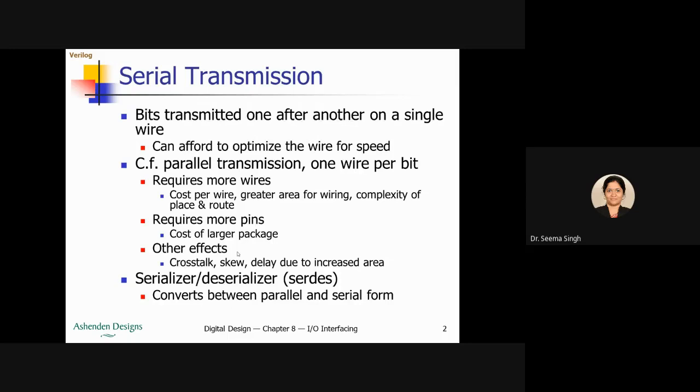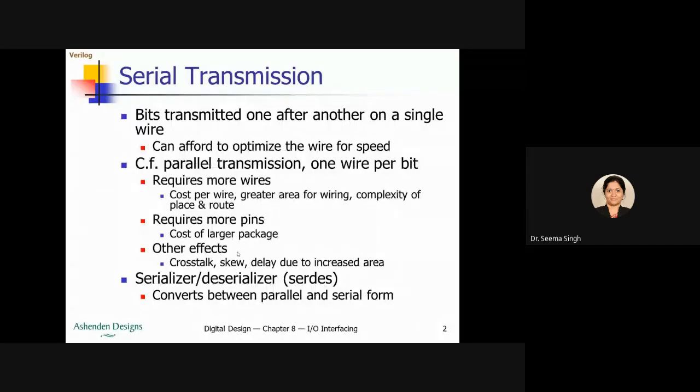But apart from the speed advantage, there are so many disadvantages of parallel transmission. To start with, it requires more wires, so the cost per wire is more. When you have more wires, it requires greater area for wiring. And when you have to place so many wires in the IO pins, or when you are connecting these IO pins in your interfaced device, imagine what will happen inside that device.